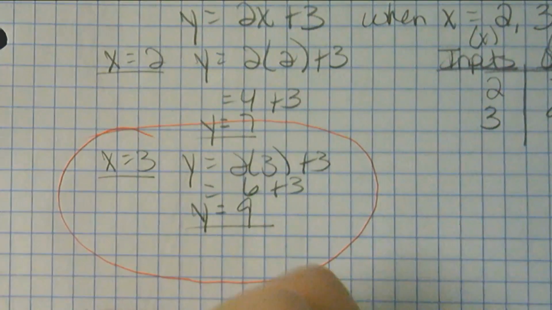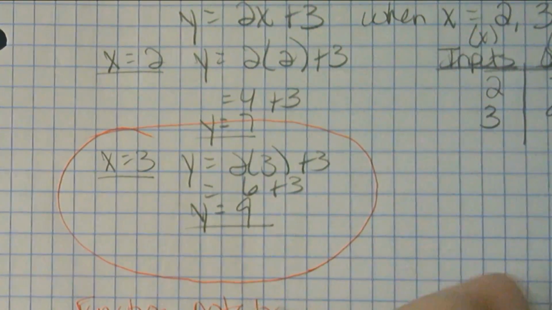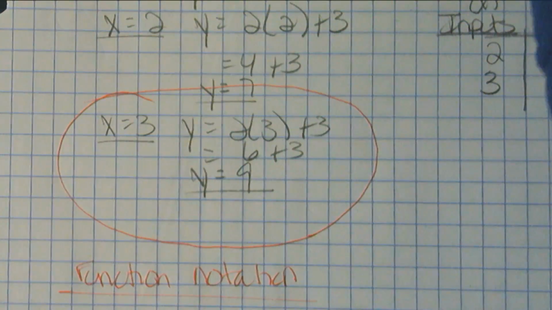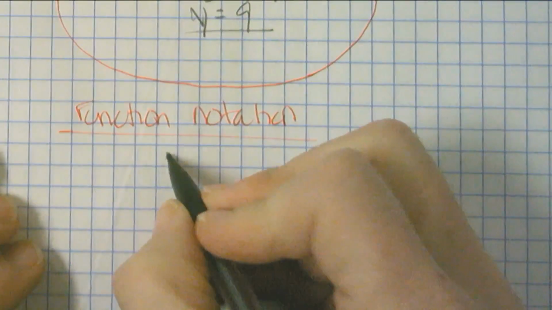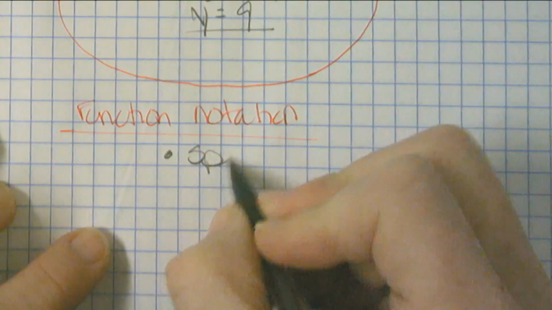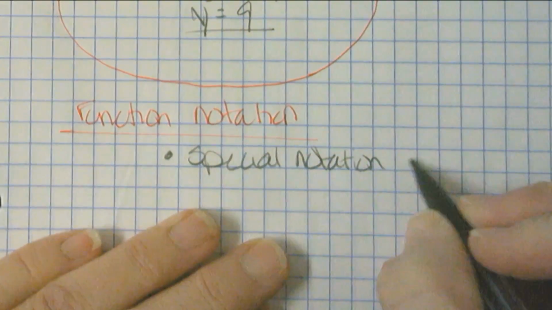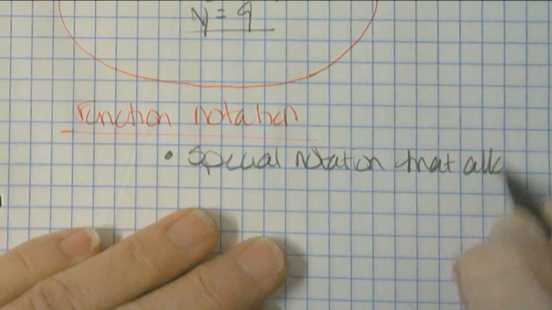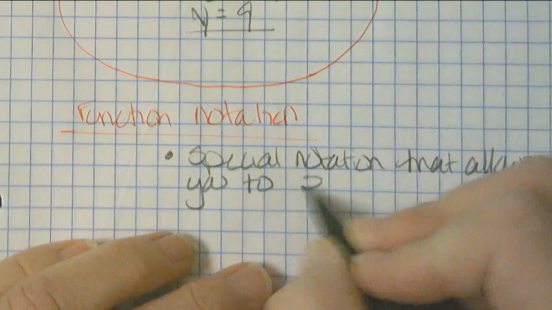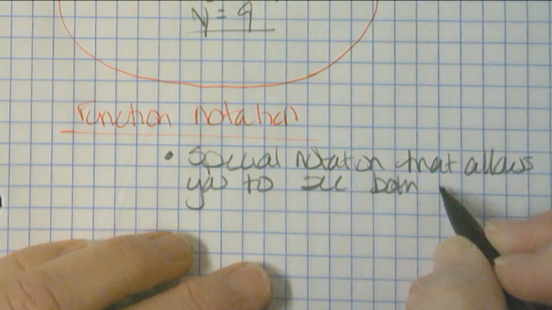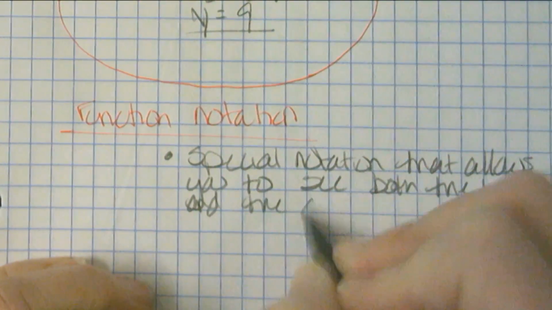Okay. There's something called function notation. It's very similar in the idea as probability. But function notation is a special notation process. Let's say just special notation that allows you to see both the input and the output partner.